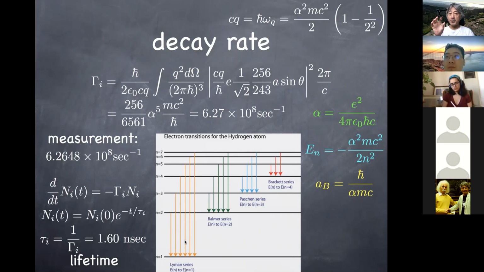So if you start with a state that already has lots of photons in it, then the transition amplitude is enhanced by square root n, and therefore the transition rate is enhanced by n. So you have much quicker decays in the presence of additional photons around, and then you say that's an induced emission, induced decay.